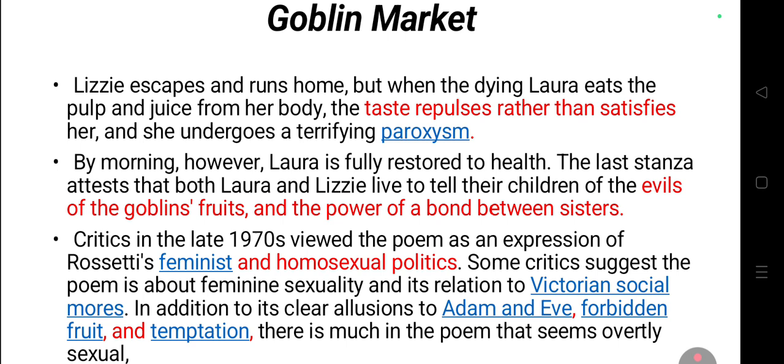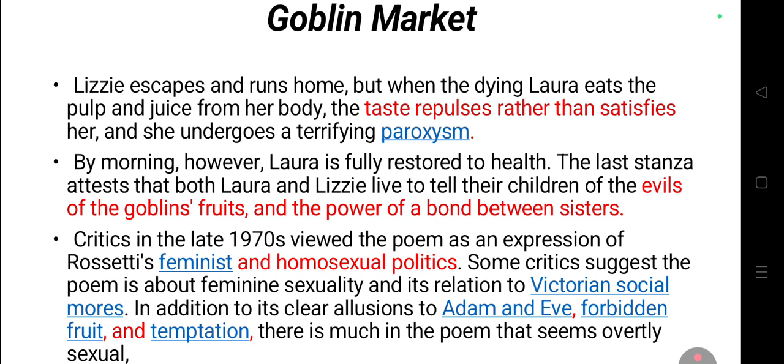The last stanza attests that both Laura and Lizzie live to tell their children of the evils of the goblin's fruits. So they are fine, they are there to narrate the story to children.